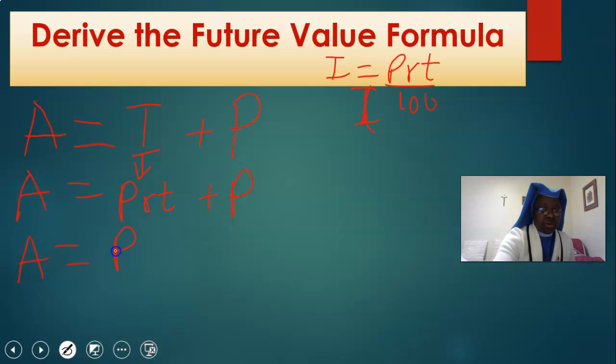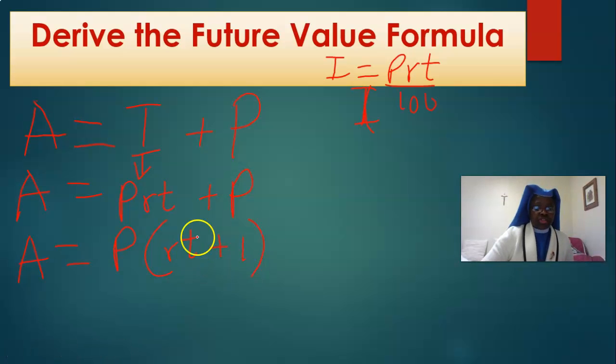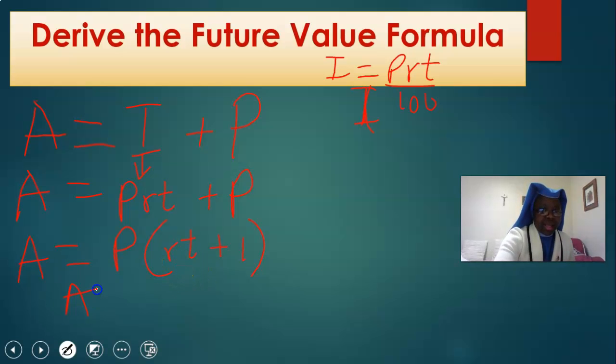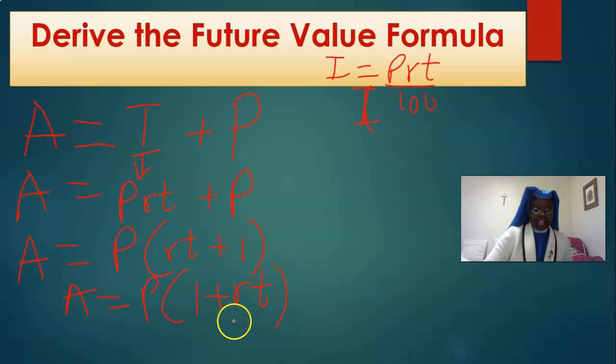If we factor out P, we're going to have RT left here, plus 1. So these two equations are the same. Here in simplest form, we factored out P. This is the future amount formula. Sometimes you can also see it as A equals P times 1 plus RT. Because addition is commutative, whether you say RT plus 1 or 1 plus RT is the same thing, but you need to remember R is always over 100. To make it look nicer, we just omit the 100, but remember that.